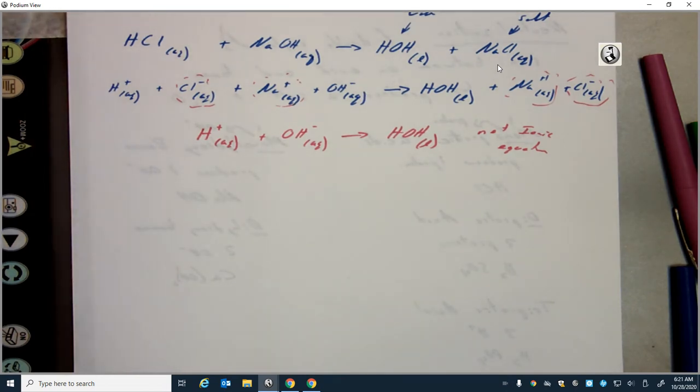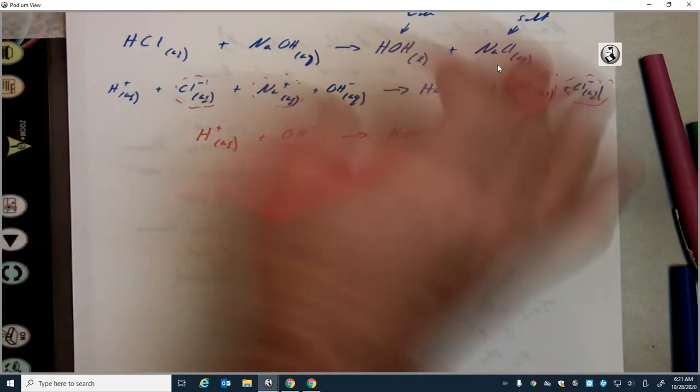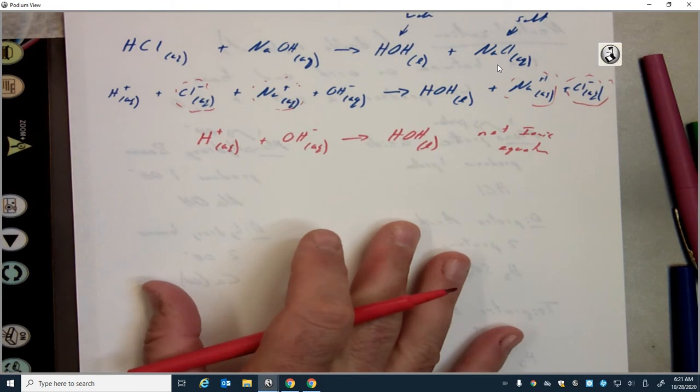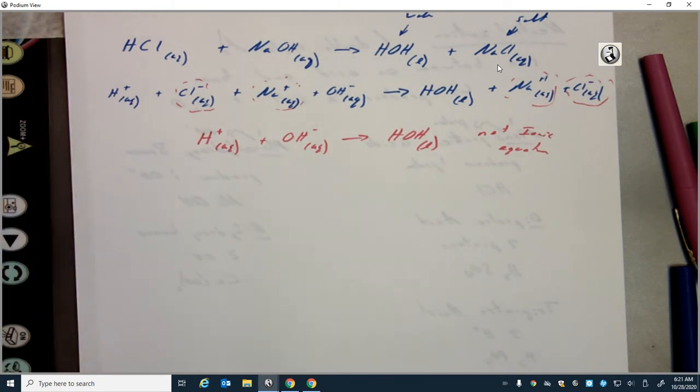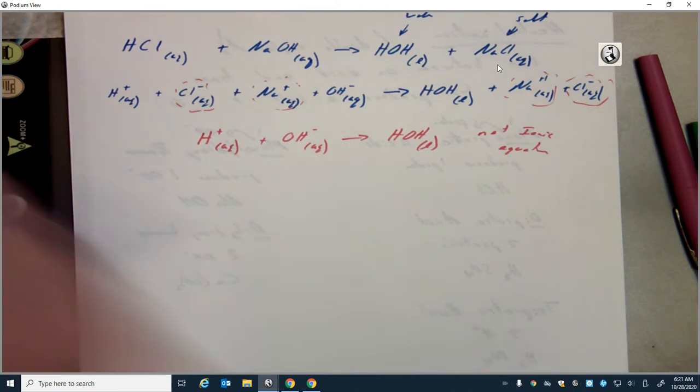All right. So right along with neutralization, now we're really talking about titration. And titration isn't specifically used for acids and bases only. It can be used for other things. So let's talk about titration.